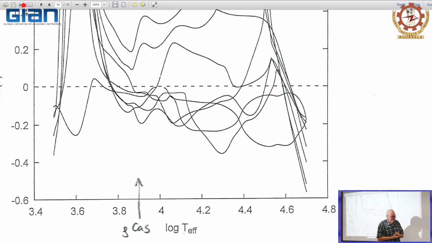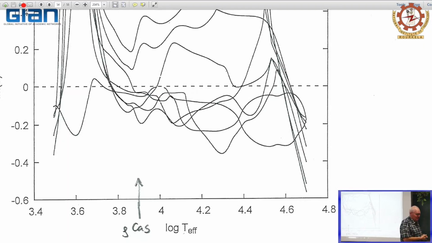Apart from this gap, all stellar models are found to be unstable.